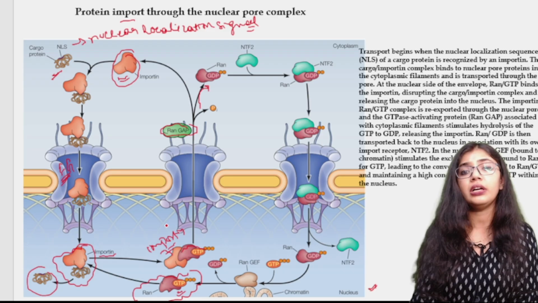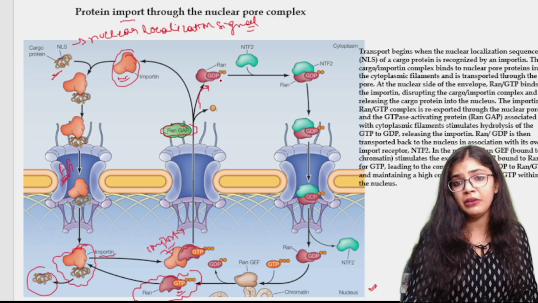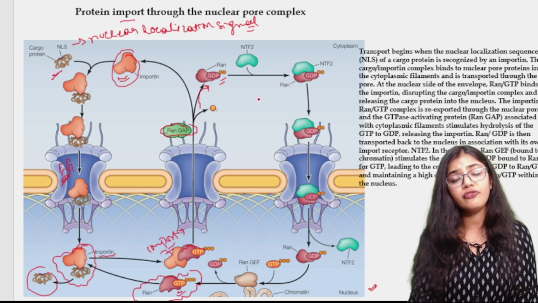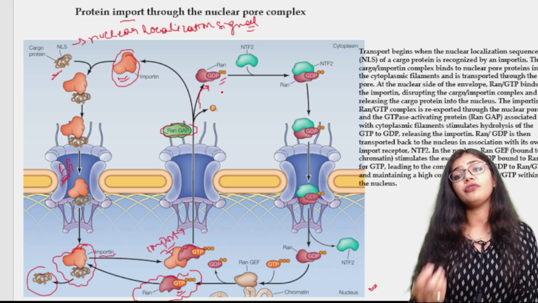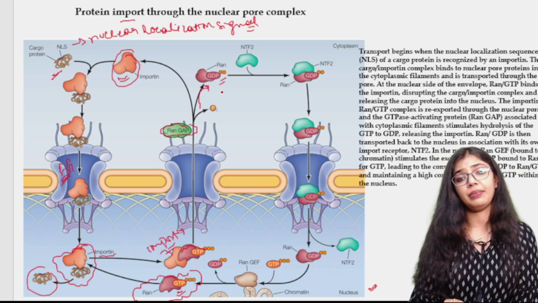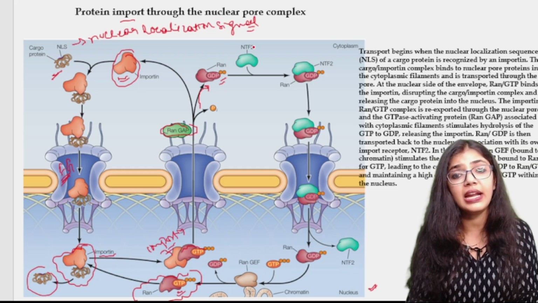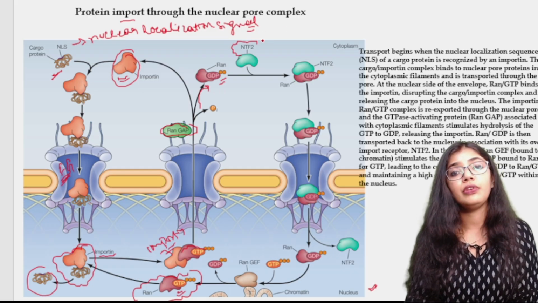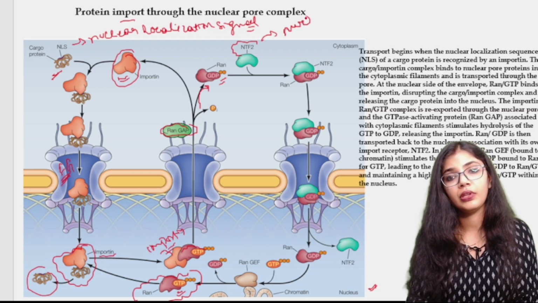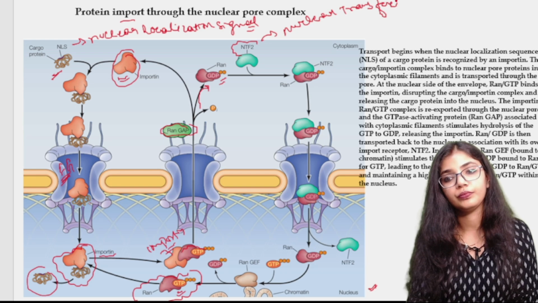Here the RAN GDP which is present will be recycled. How does the recycling of this RAN GDP take place? It is done by another protein known as NTF2, which is nuclear transfer factor 2.